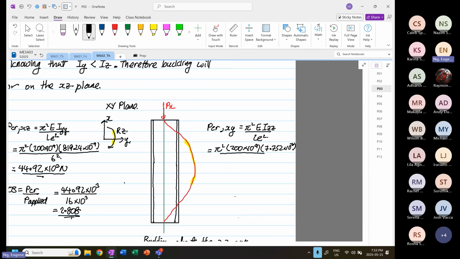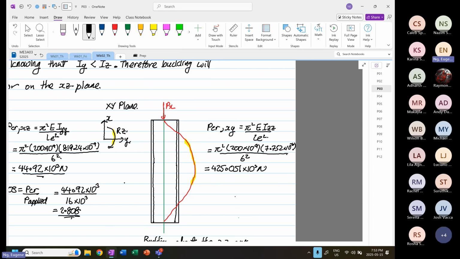The equivalent lengths are the same, so divided by 6 squared, this is equal to 425.051 times 10 to the power 3 Newton.